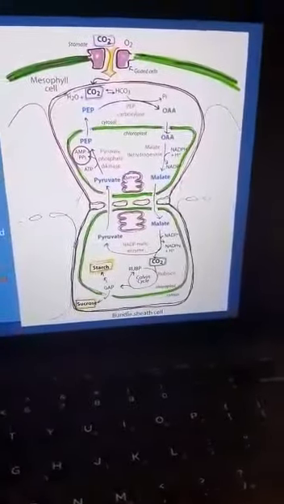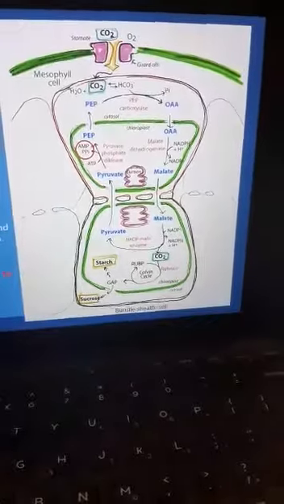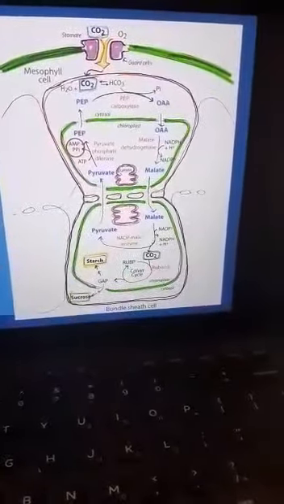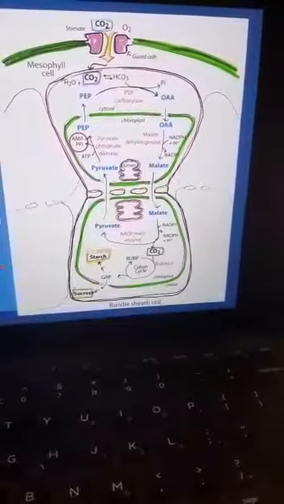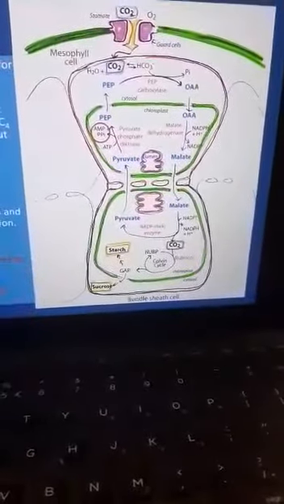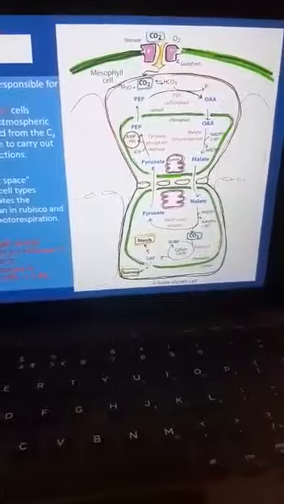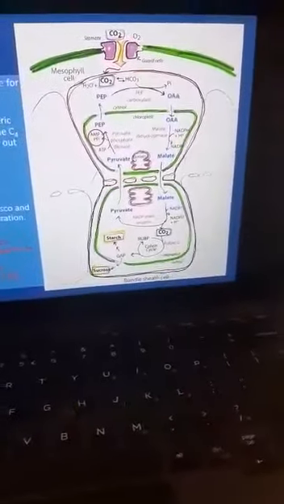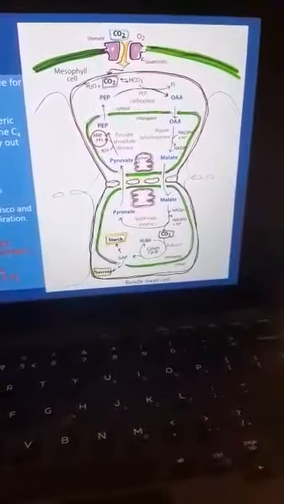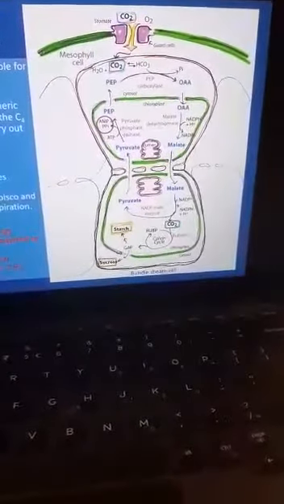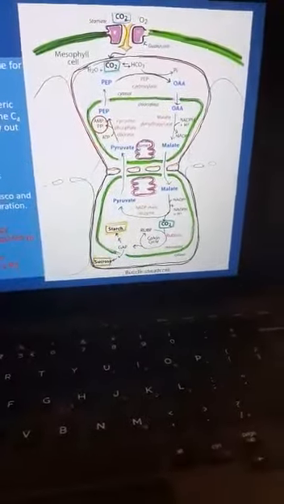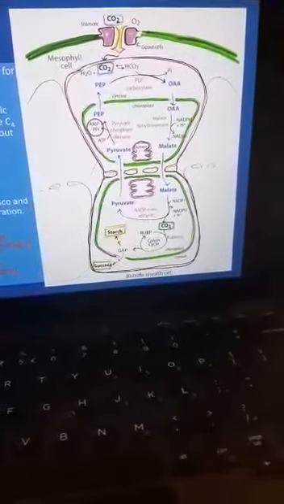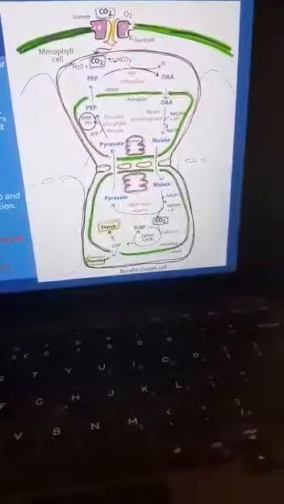Therefore, the combination of oxygen with RuBP, which leads to photorespiration, is even higher at higher temperatures, which means plants living in very high temperatures will suffer more from photorespiration, and they had to develop a mechanism to reduce or minimize photorespiration.